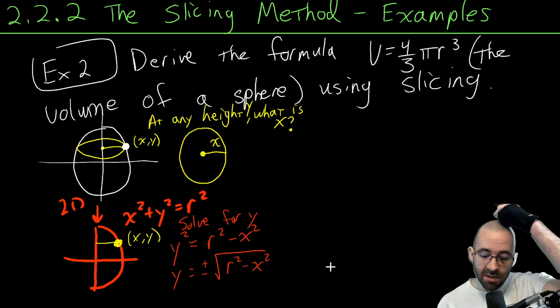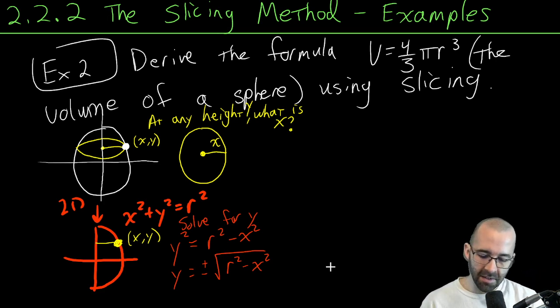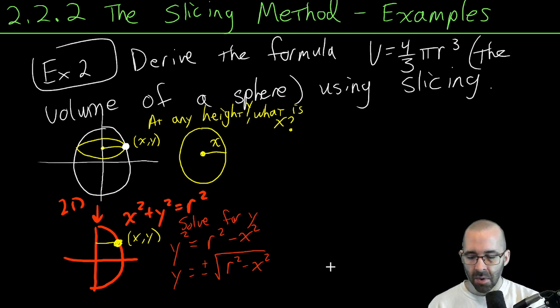Okay, so the plus or minus is a little annoying to deal with. We don't want to integrate pluses and minuses. So instead, let's just double. Let's not worry about these negatives. Let's not worry about anything down here. And let's just double it.